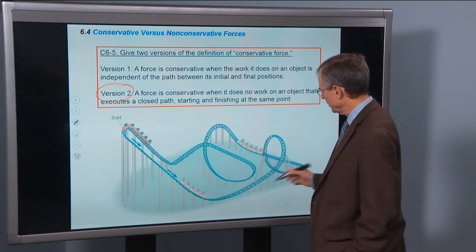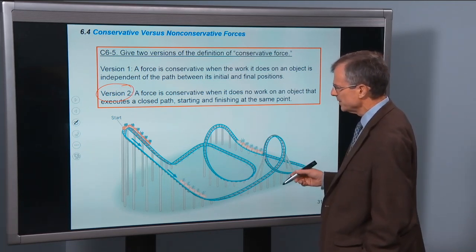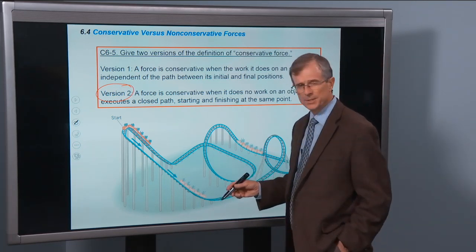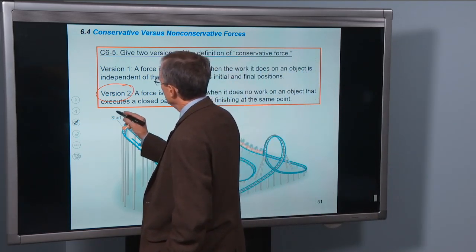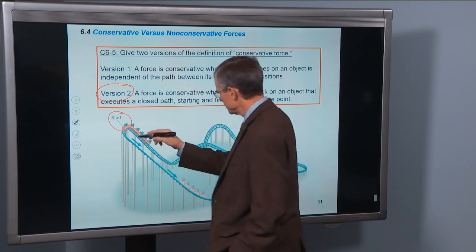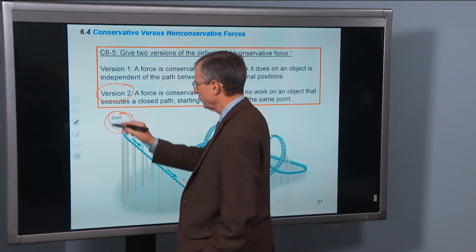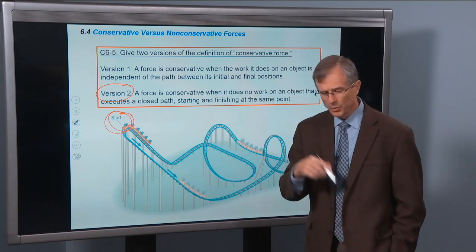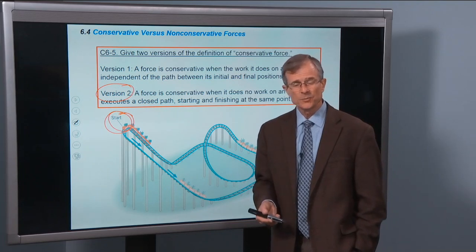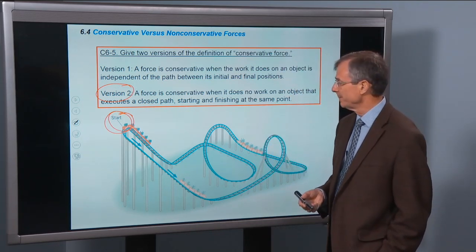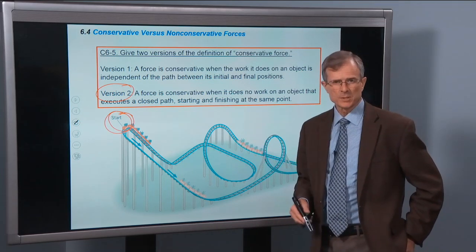So for the example here, for the roller coaster ride, if there is a force that does zero work while this coaster executes the complete circuit and comes back to its starting point, its starting point and its ending point are in the same place. If there's a force that does no work during that whole closed path, then that force is conservative.